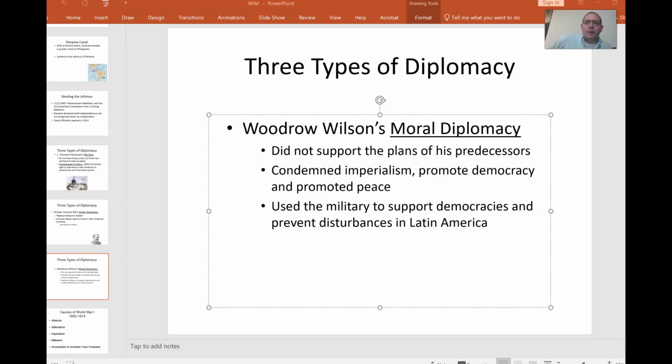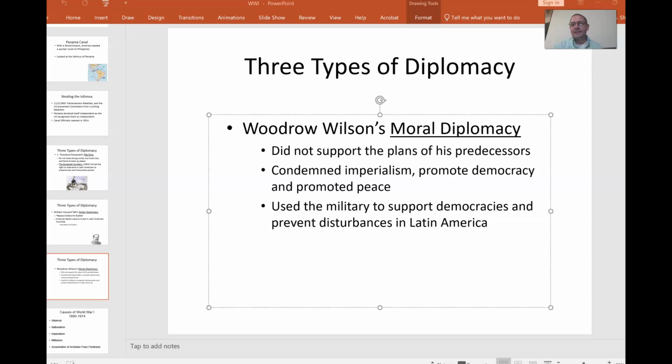Sometimes we call this also liberal internationalism. This idea that unlike Theodore Roosevelt, who was his two-time successor, and William Howard Taft, who was his immediate successor, they involved themselves in other parts of the world.